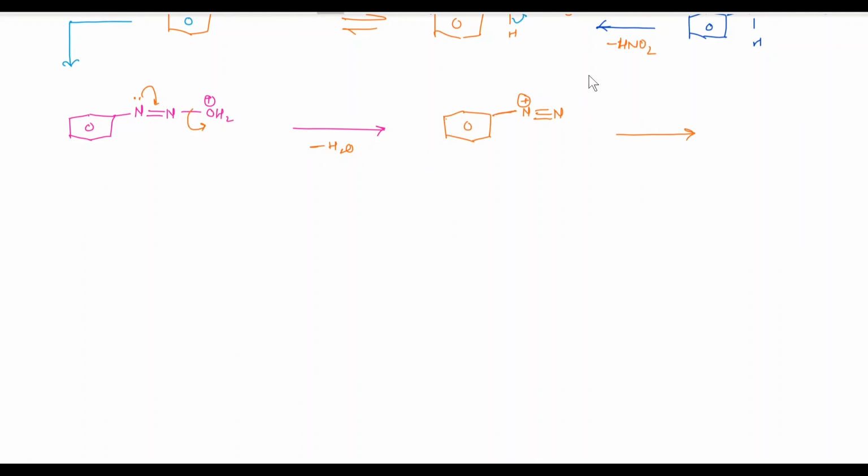In the next step, this diazonium salt reacts with base. So here Na positive, OH negative. OH negative attacks this nitrogen, this bond opens on this nitrogen, and we get the benzene ring bond nitrogen double bond nitrogen bond OH.